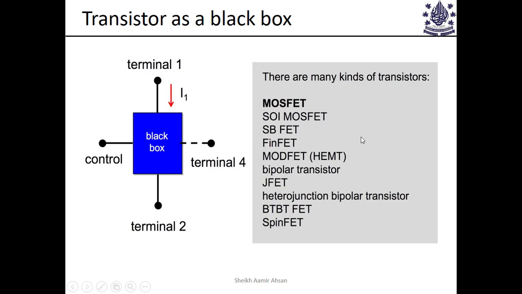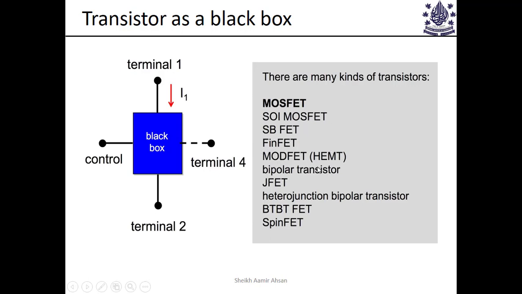There is a variety of transistors available in the market, and being researched in the state of the art. You have this very well known, very common transistor called the MOSFET, the metal oxide semiconductor field effect transistor. Then you have the SOI MOSFET, or silicon on insulator MOSFET, a Schottky barrier FET, or a FinFET, in which the channel is in the form of a fin and the gate is on its three sides.